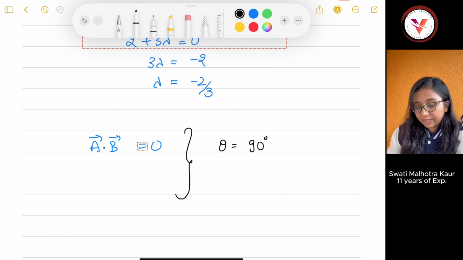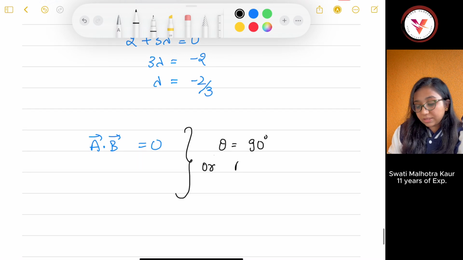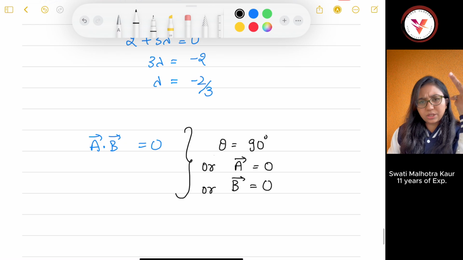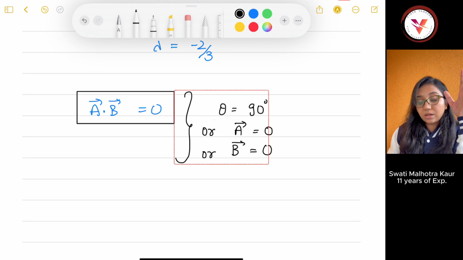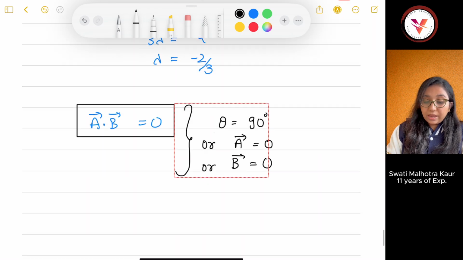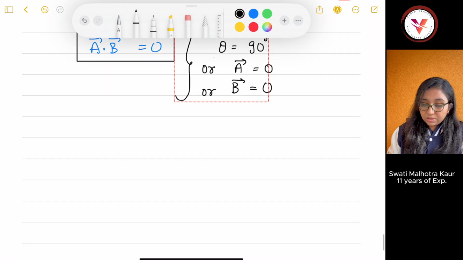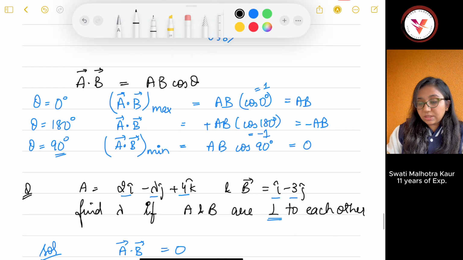So either theta is 90 degree, or a vector is 0, or b vector is 0. Any one condition, any two conditions, or all three conditions. These 3 possibilities give you a dot b equal to 0, but it is not always that a dot b is 0 means theta is 90 degree and they are perpendicular. No, it can also be possible that the a or b vector is zero.